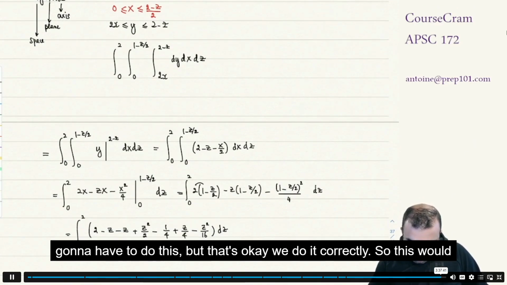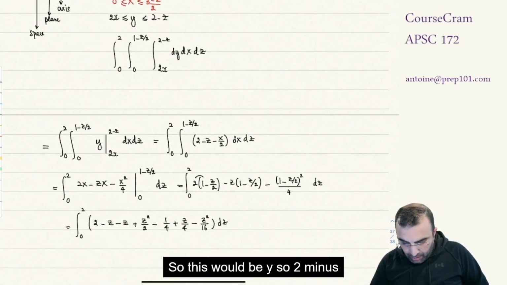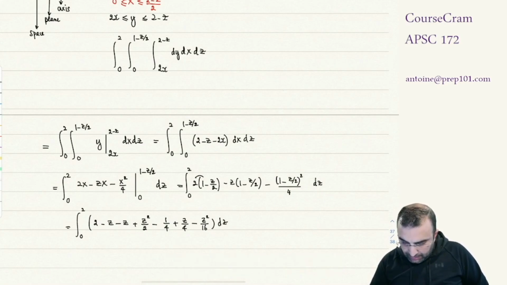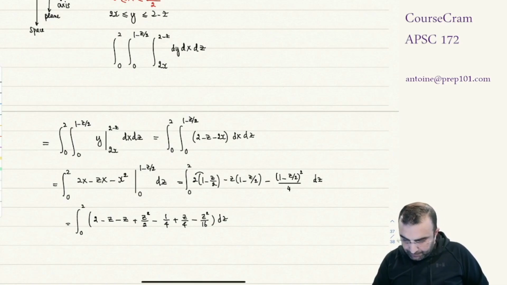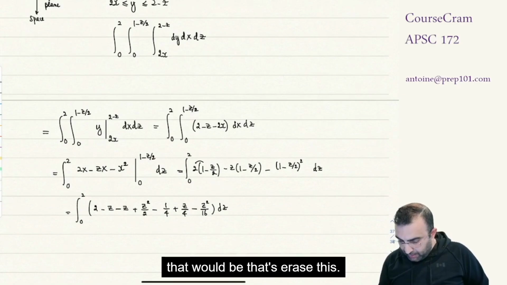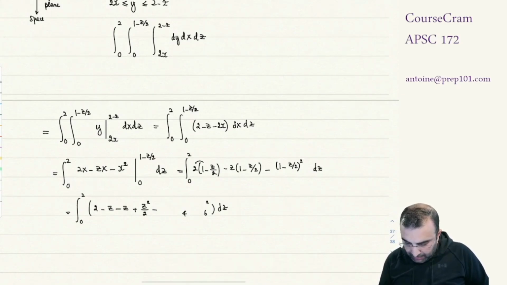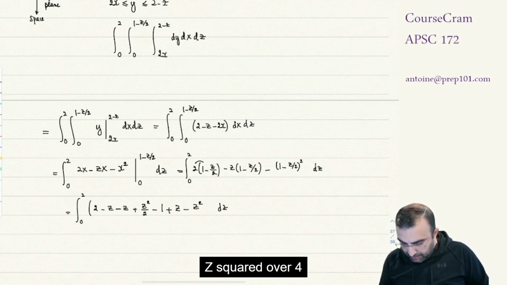So this would be 2x, so this would be y, so 2 minus z minus 2x, so this would be just x squared, and now minus this just squared, so that would be, let's erase this, minus 1 plus z minus z squared over 4.